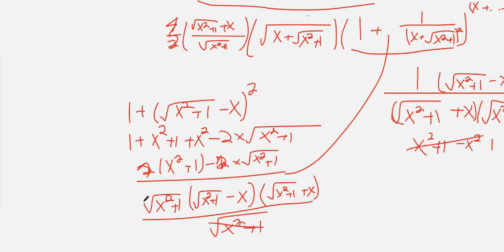Well, now these terms obviously cancel. And now we're left with this difference of squares again, which we've already seen is equal to 1. And so, like we wanted, everything except what we had as the integrand just cancels to 1.